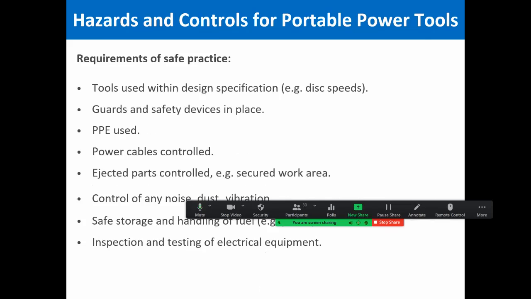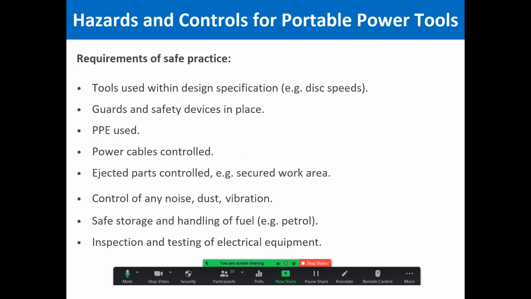Here are the requirements for the use of power tools in a safe manner. Tools used within design specification. So do not exceed the design specification. For example, if you're using a grinding disc, you need to operate it at the speed which is specified on the disc.